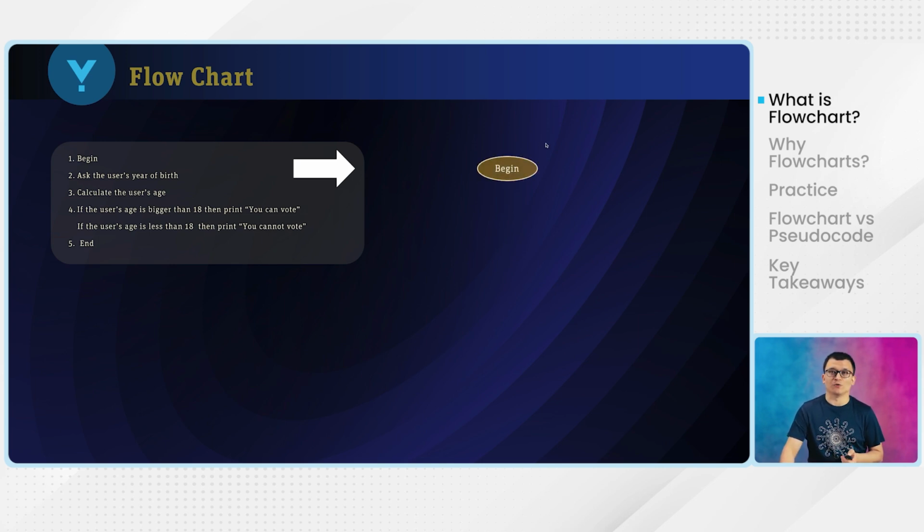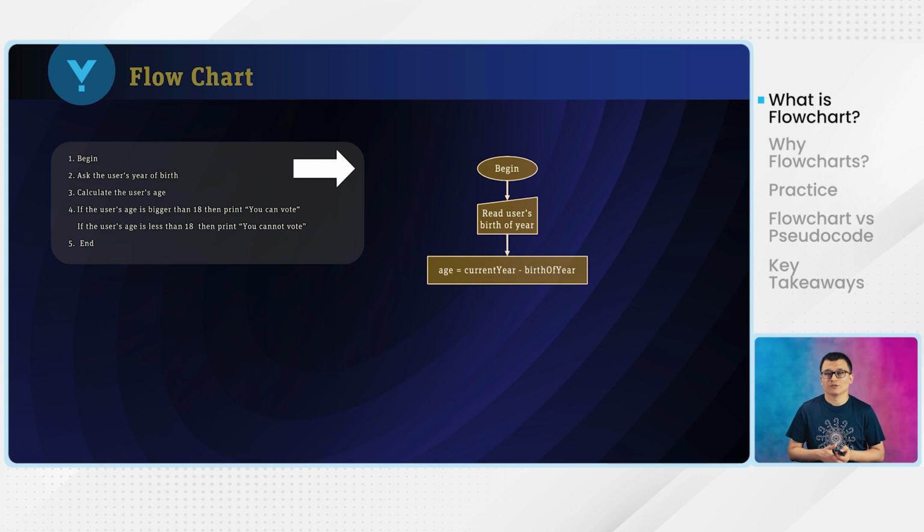First, it has a shape for the beginning. And then there's another different shape for reading the user input. Okay, each different shape represents a different action. And as for the processes, if there is a process, we also have a different shape to describe the process in the flowchart. Okay, and then we have another shape for the decision.